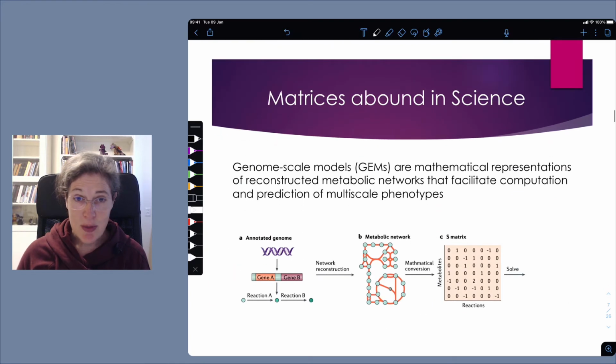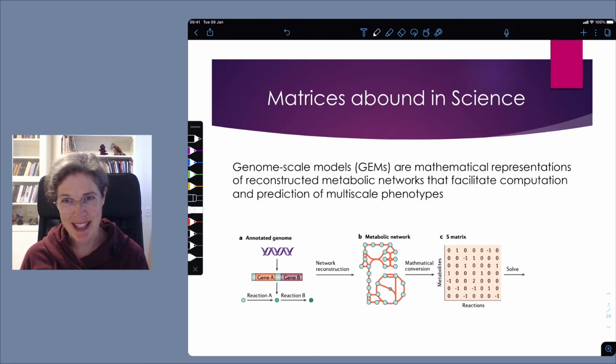So something that I've just been learning about that I didn't know that matrices were used for is genome scale models, which are mathematical representations of reconstructions of metabolic networks.